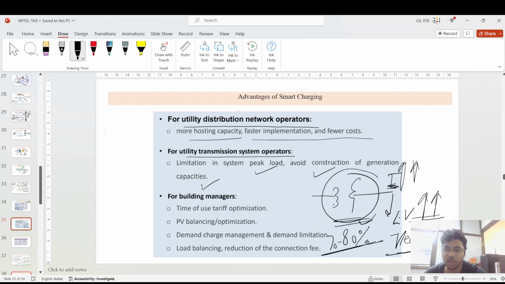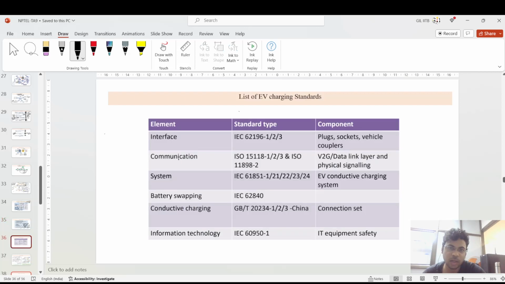After that, heating effects and insulation losses happen. So if you increase the EV penetration, you have to replace the transformer also to support a higher number of EVs. This is the importance of smart charging: it avoids the construction of these generation capacities. And for building managers, the advantages are time-of-use tariff optimization, PV balancing optimization, demand charge management, load balancing and reduction of the connection fee.